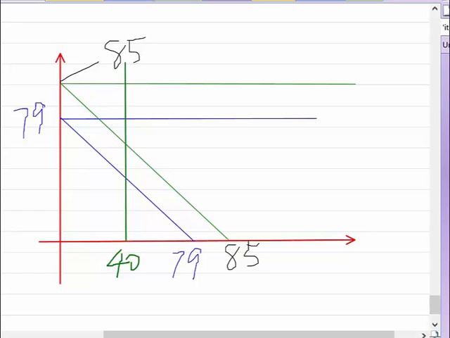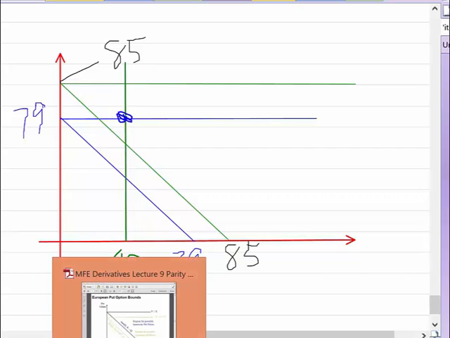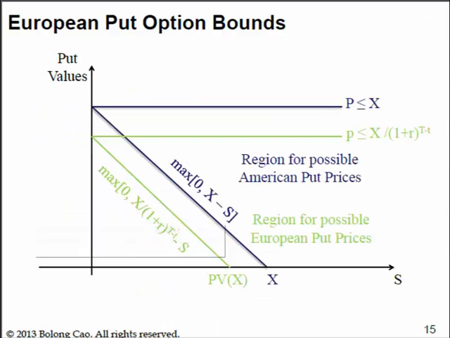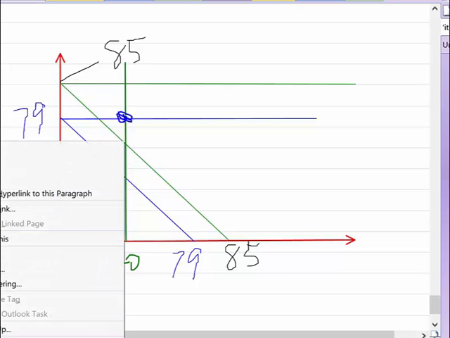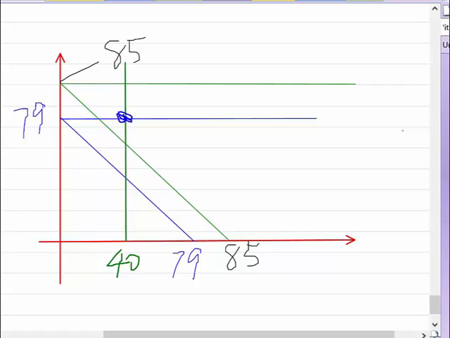For the European put, the upper bound is at this point. This point is the upper bound, 79 minus 40, this point is $39.